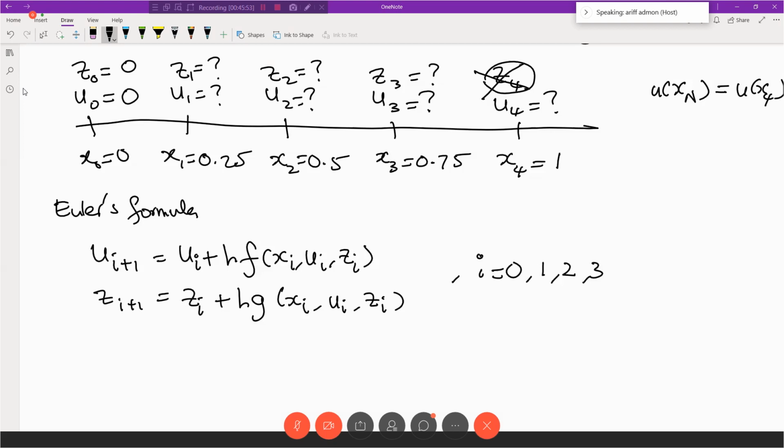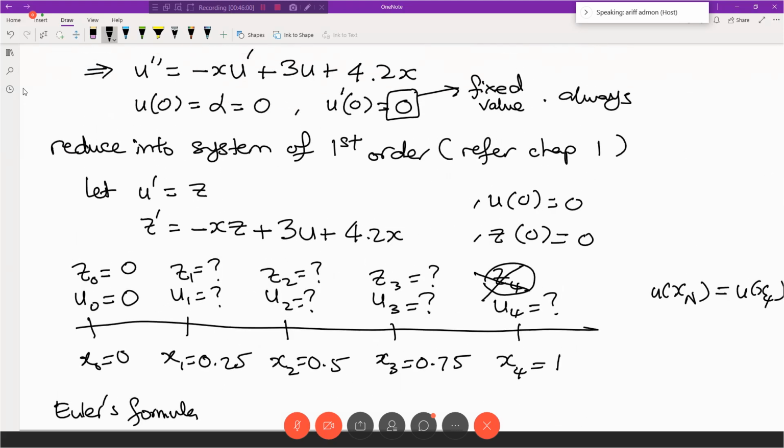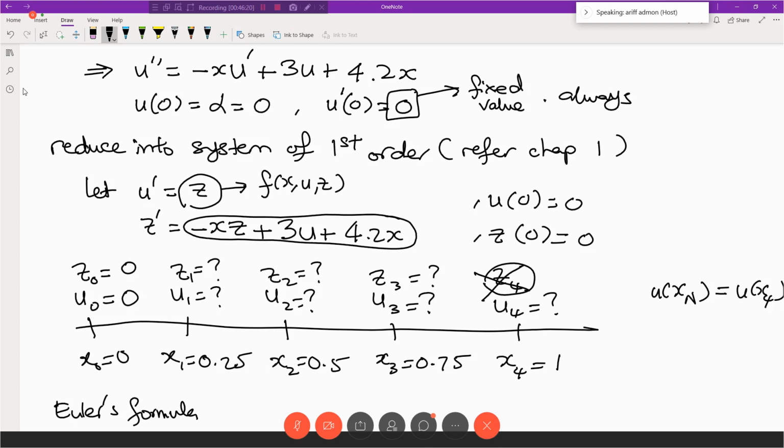So how about our f here and our g here? This is your f of x, u, z, and this is your g of x, u, z.